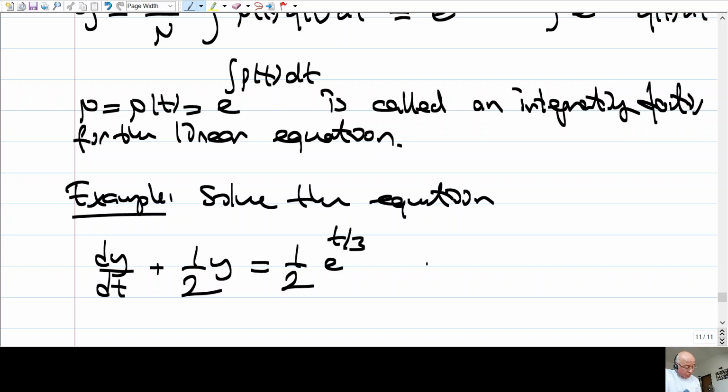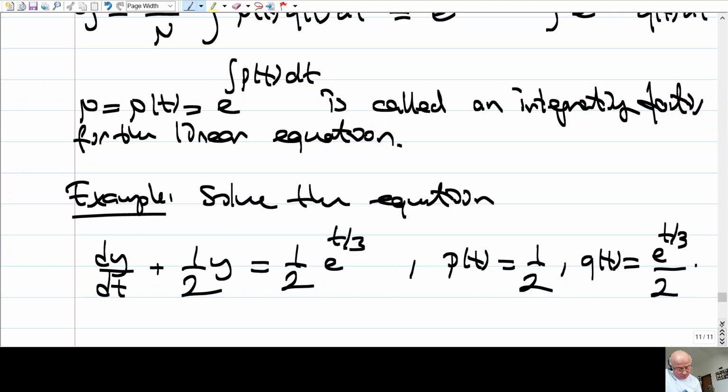This is a linear first order equation. p(t) is just the constant function 1/2, and q(t) is the function e to the power 3t over 2 divided by 2.